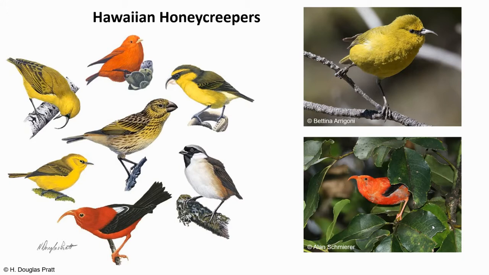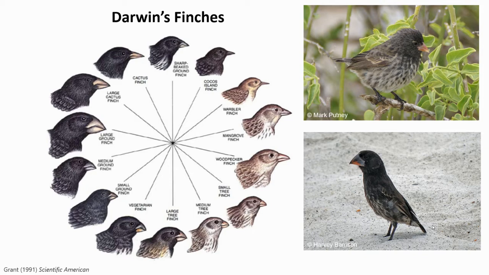A good strategy to unravel the genetic underpinnings of a trait is by comparing closely related species with different morphologies. And a good place to find these study systems is oceanic islands. On the Hawaiian Islands, for example, there is an impressive radiation of honeycreepers, evolved from a single ancestor, giving rise to a variety of beak shapes, as you can see here.